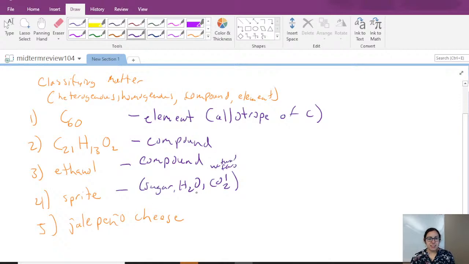And so, right, what does that tell us then? Sugar, water, carbonation, natural flavors. So it's not one thing. So what is it then? What did we say? Because it's made up of compounds. So then yeah, it'd be a homogeneous mixture.